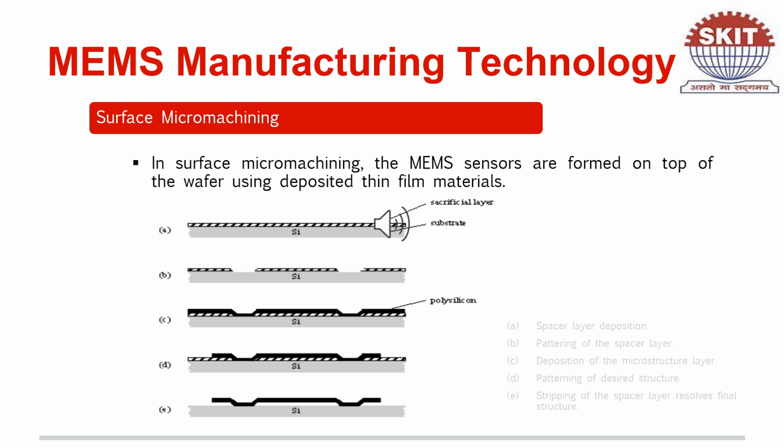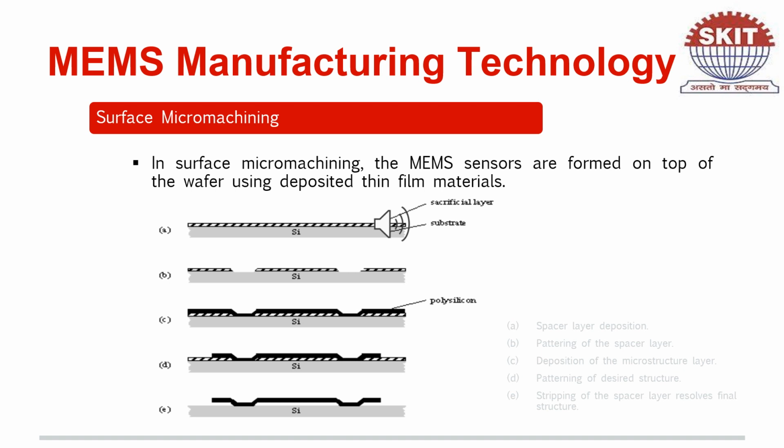So here we can see in the picture, in A, the spacer layer deposition has been done. A specific layer has been deposited on the silicon substrate. In B, the pattern of the spacer layer has been formed using etching and patterning. In figure C, we can see that the deposition of the microstructure layer has been done using a polysilicon layer.